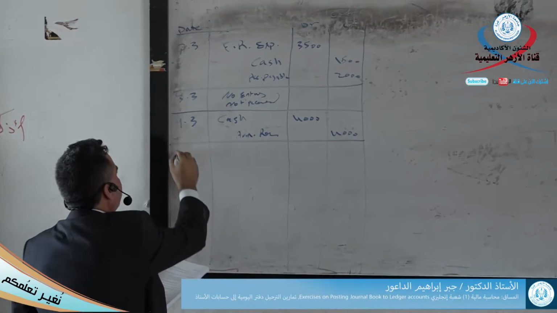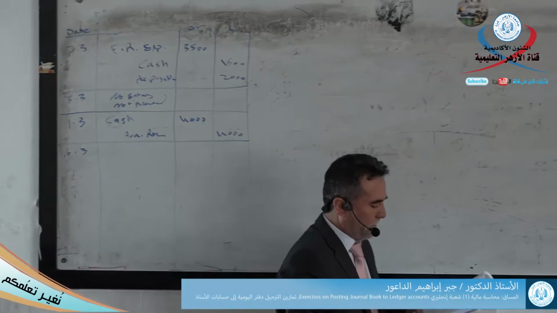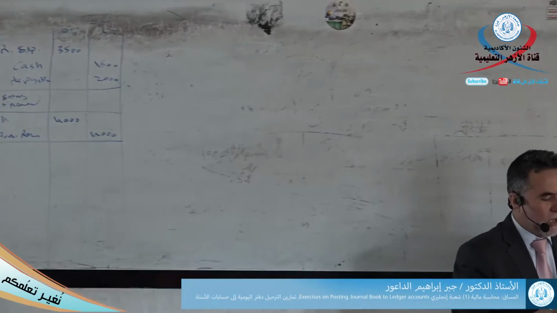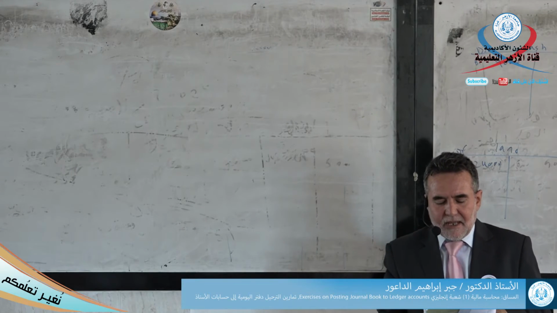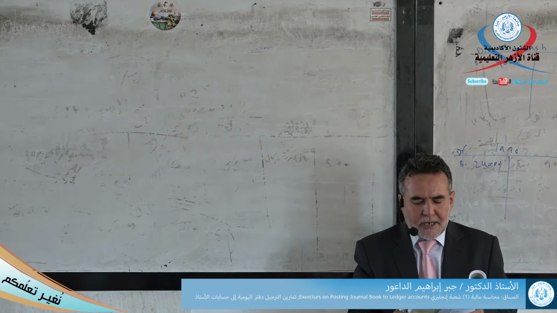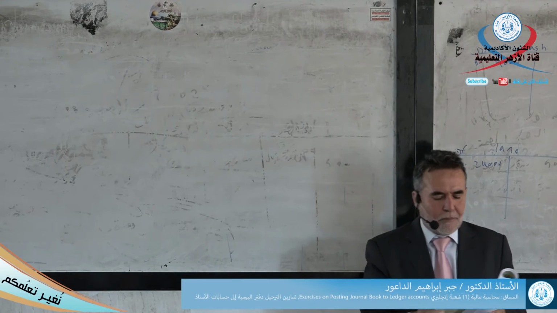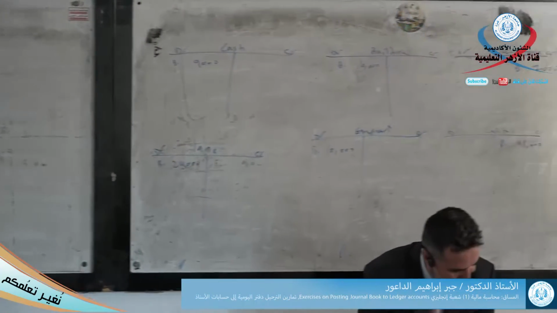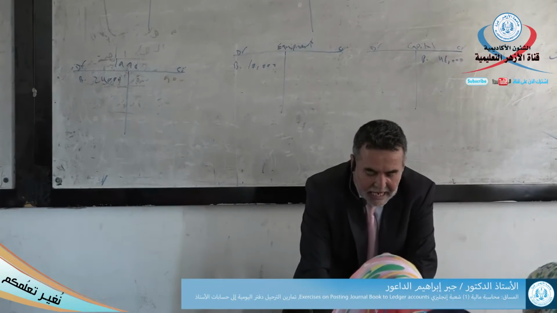Number 10 of March. Paid the balance due on Indiana Jones movies rental and 2,100 on March 1st accounts payable. Let's look at this carefully.